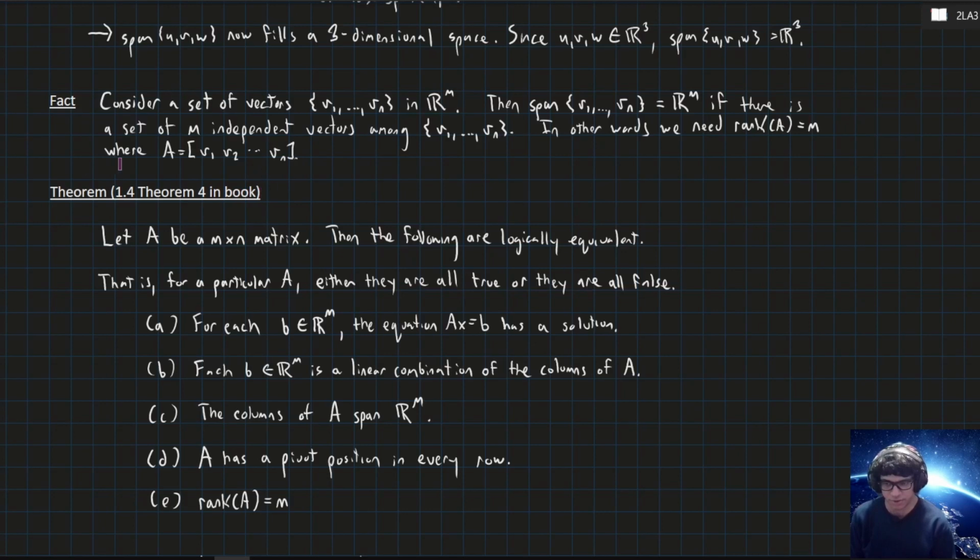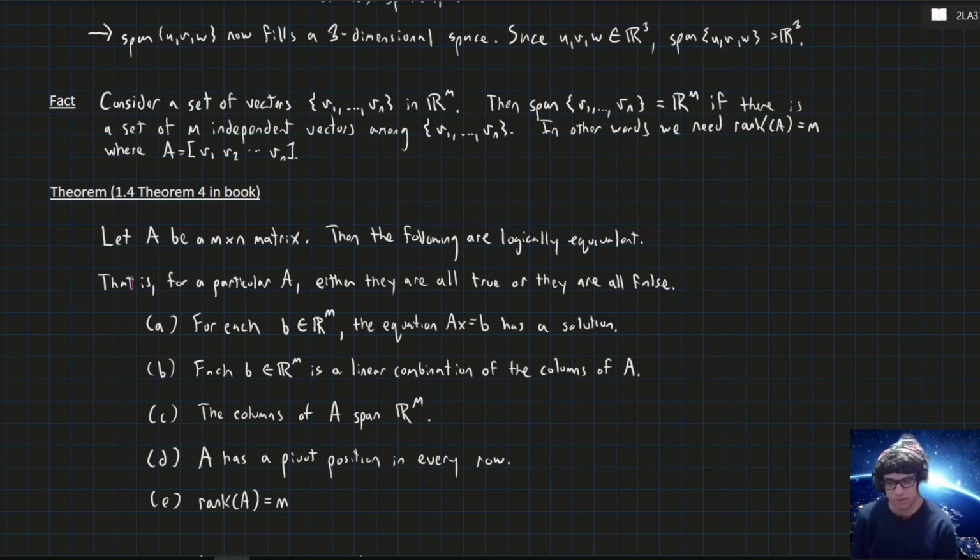So this theorem links together a lot of the concepts we've talked about with the fact we just demonstrated up here. Okay, so this is the theorem. Suppose A is an m by n matrix. Then the following are logically equivalent.